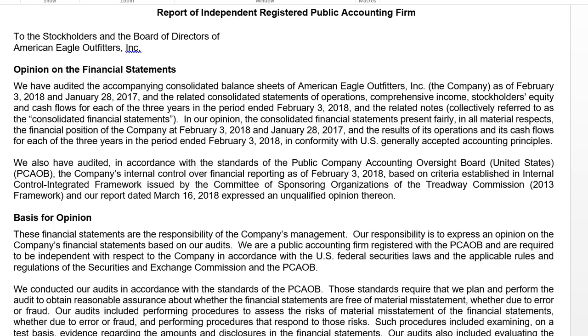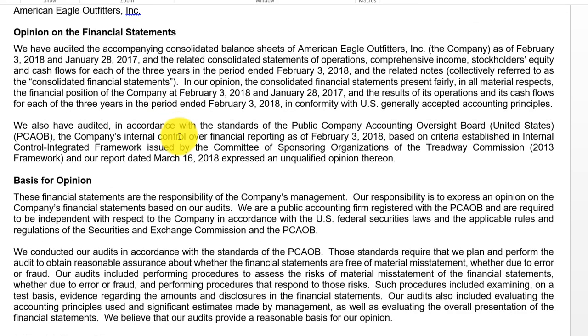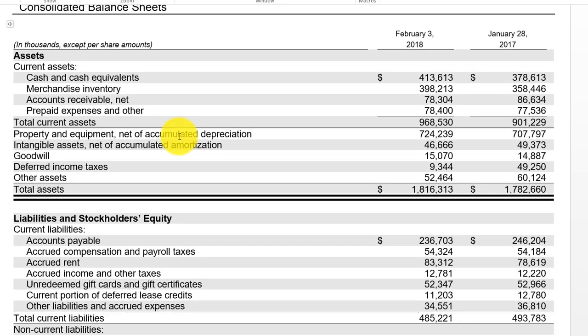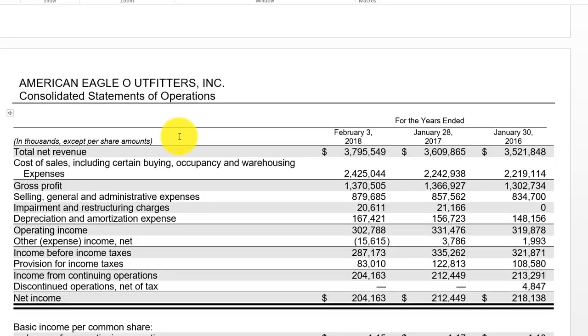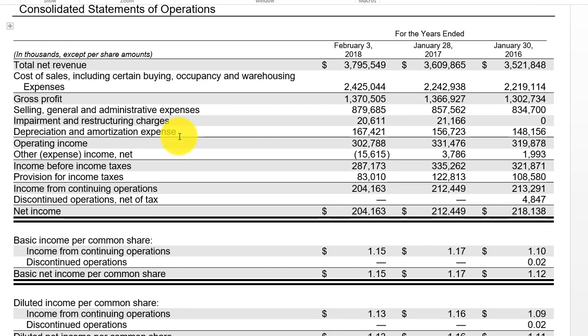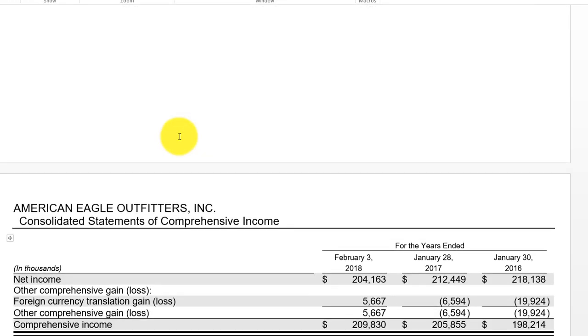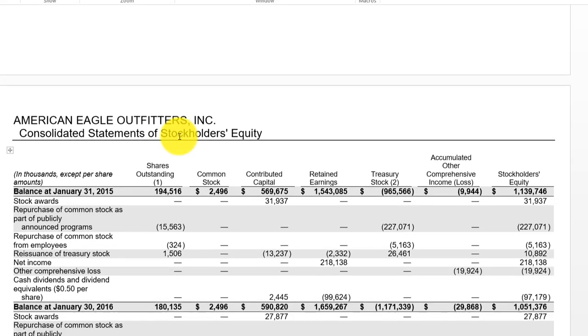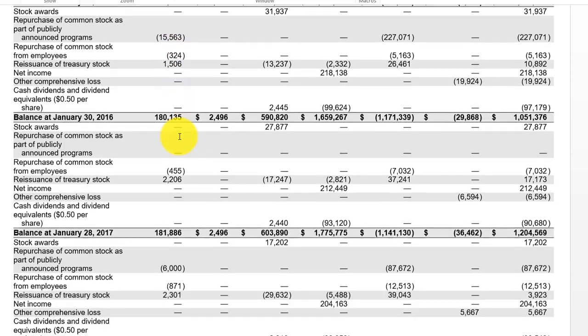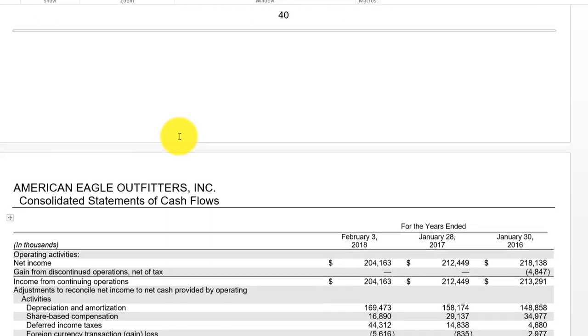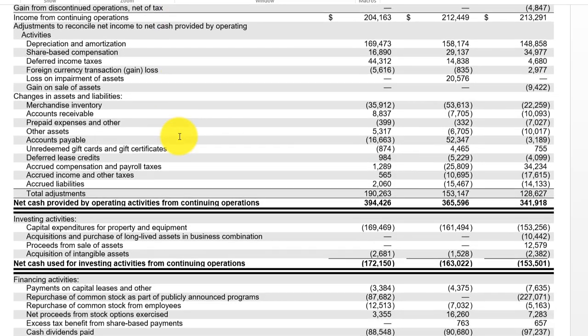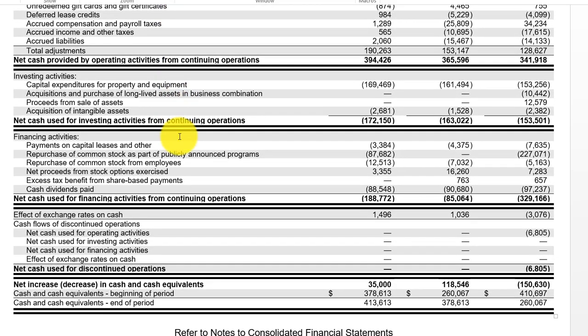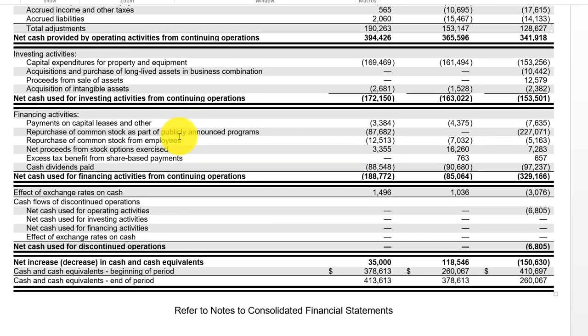We're not going to look at that per se, and you'll see that next is the balance sheet, then the statement of operations or the income statement, statement of comprehensive income, statement of stockholders' equity or changes in stockholders' equity, and finally the statement of cash flows that you should all be familiar with.